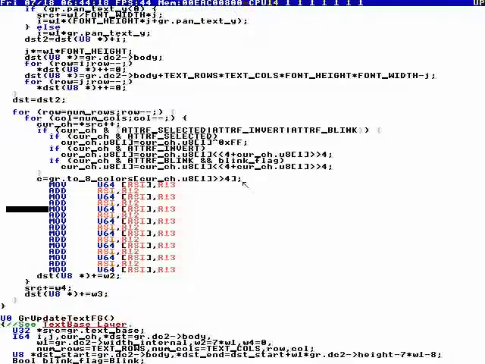So what this does is it fills in 64 bits as one character, 8 by 8. Wait a minute.